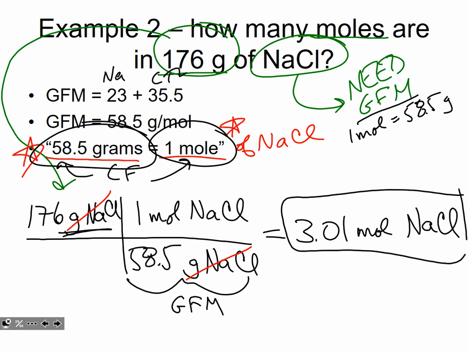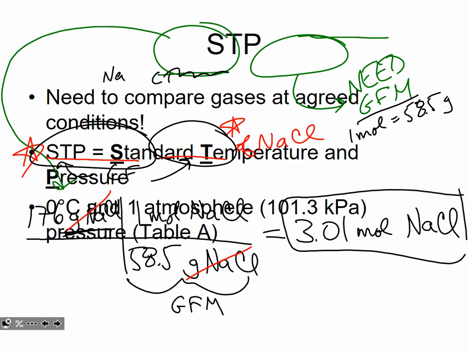So if I have 176 grams, I expect that to be more than 1 mole. Because 1 mole is only 58.5 grams, and 176 is obviously more than 1 mole. So the answer makes sense.